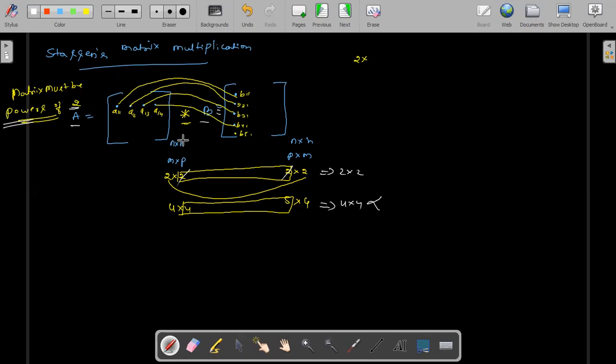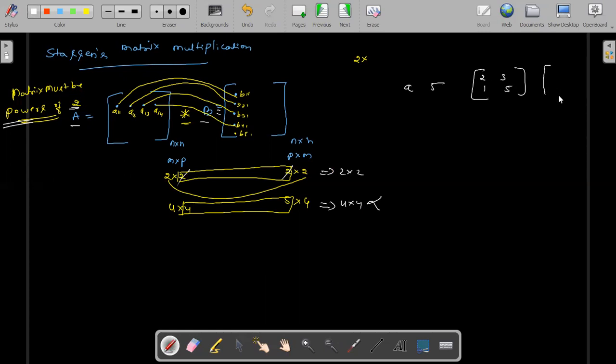So if it is not powers of 2, what do we have to do? Suppose think like that. So if it is like this, what will we do? Something like 5. I will take one matrix, say 2 cross 2: 2, 3, 1, 5.